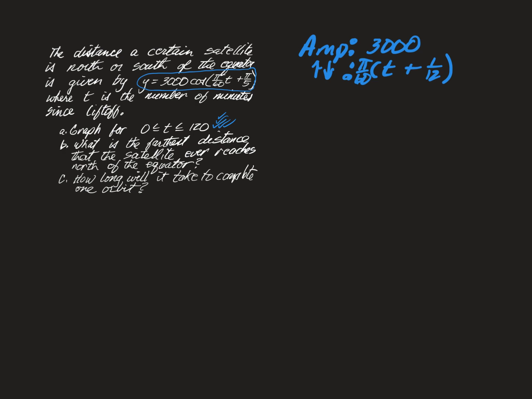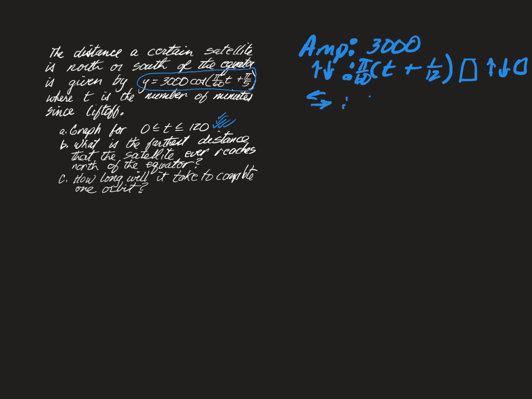And so that means we're going to move up and down. We go 0 up and down because there's nothing outside of the parentheses there. But we go left and right.